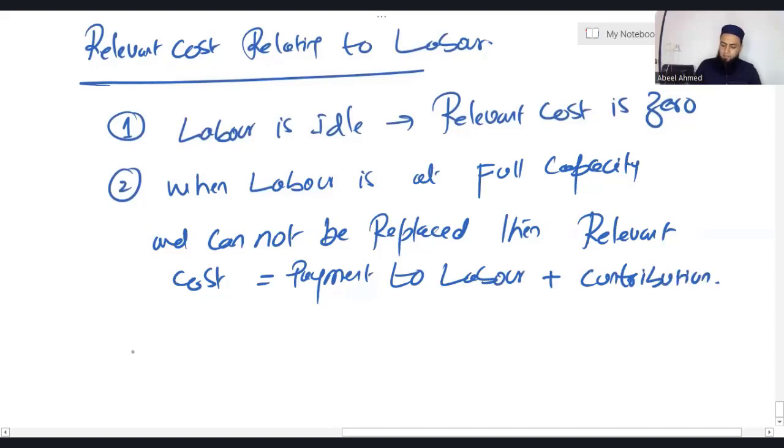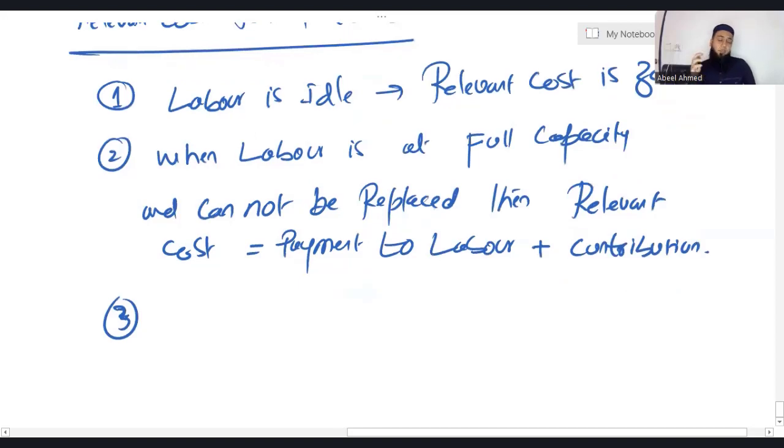Third, there's a possibility that you're opting for a new project and your existing labor is going to work on the new project. But for the existing contract, you are going to bring a replacement labor. A very important concept: whenever a replacement labor comes, the cost of replacement labor is always relevant.